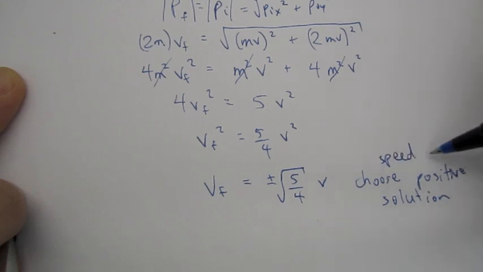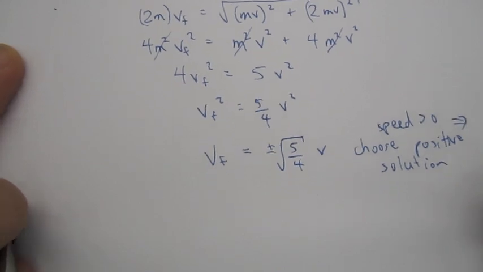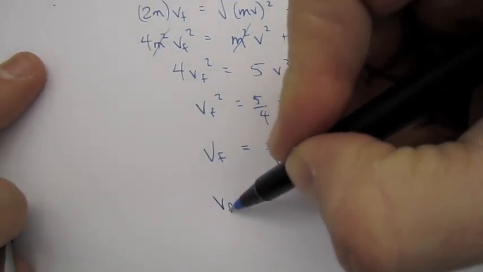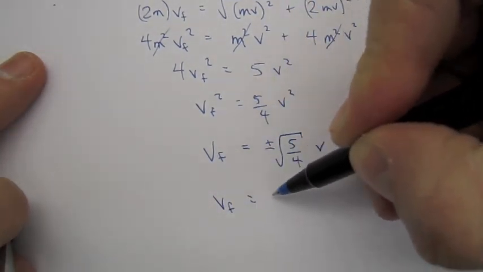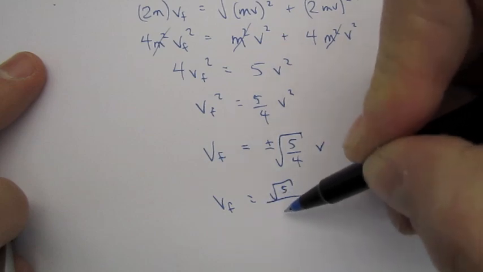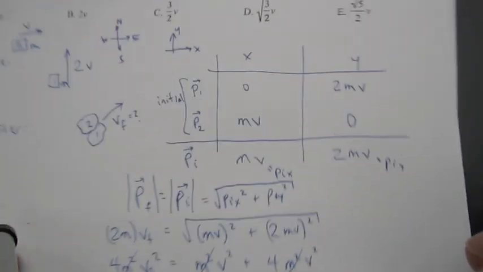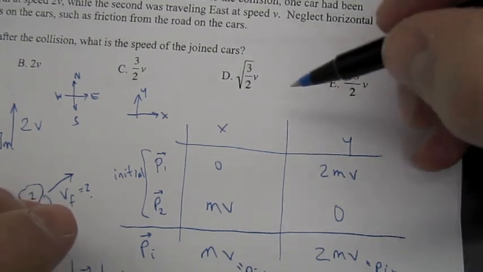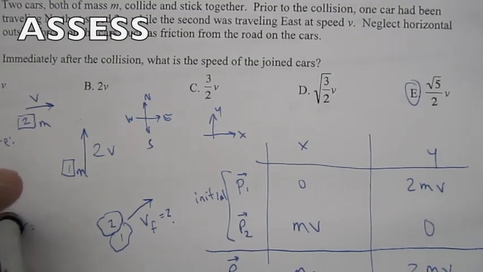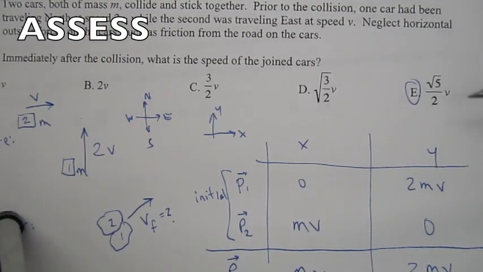Speed is greater than 0, so choose a positive solution. And so v final is equal to, the square root of 4 is 2, so it's square root of 5 divided by 2 times v. So that is solution E.